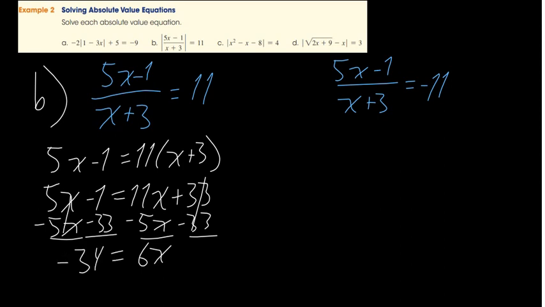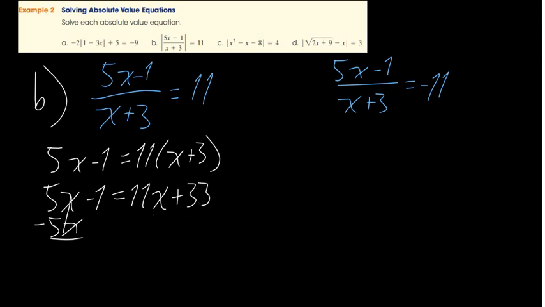I know that was a little messed up. Then dividing both sides by 6, we're going to end up with x equal to, I'm going to run out of room. Let's not do that second row there. I just don't want to jumble it all up.